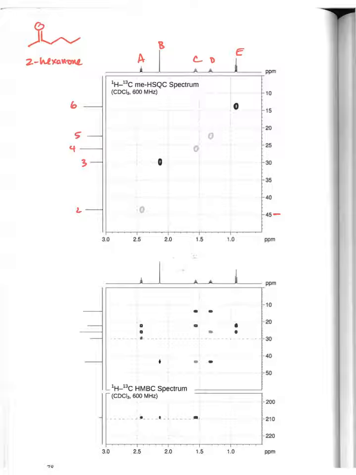We're just counting those carbons here. The black peak indicates the phase. So black peaks are CH3 peaks. The lighter peaks are CH2 peaks.